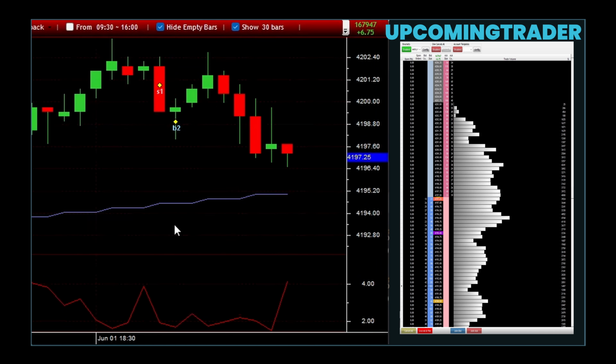The head and shoulders pattern is a powerful signal of a trend reversal and is considered one of the most reliable patterns in technical analysis. It's a classic formation that traders look for when trying to anticipate a shift in market direction. This pattern consists of 3 distinct peaks.